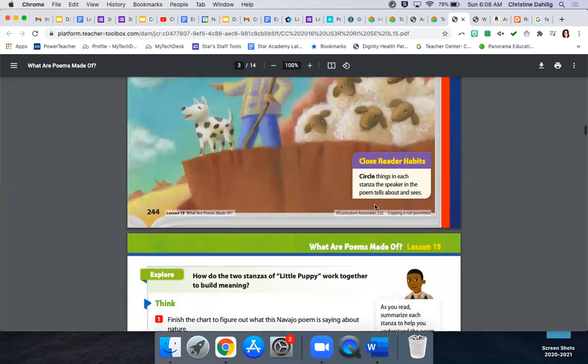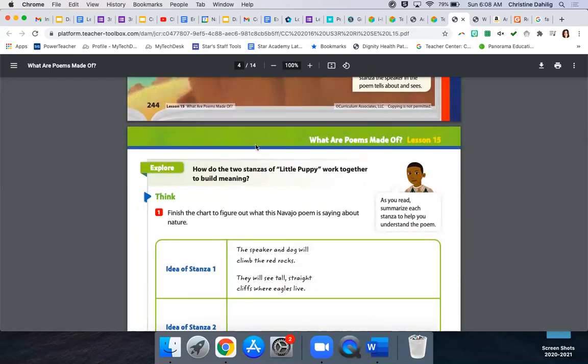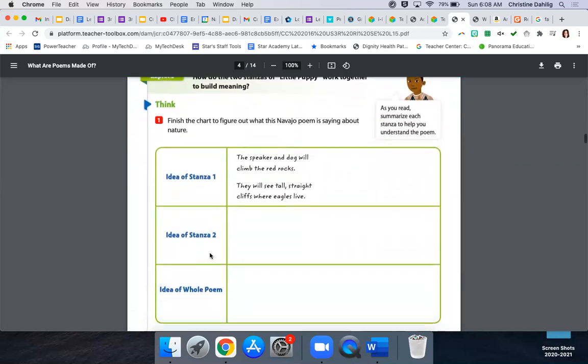All right, so proceeding to page 245, it is asking, how do the two stanzas of Little Puppy work together to build meaning? So we'll have another organizer to finish. The idea of stanza 1 has already been completed for you. You will need to complete idea of stanza 2, and then of course the idea of the whole poem.